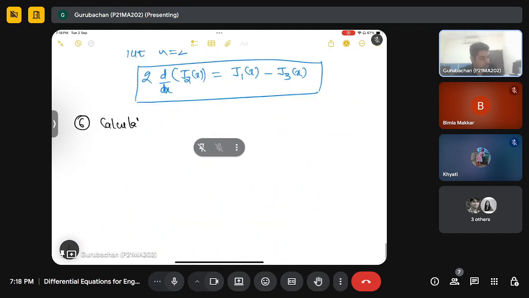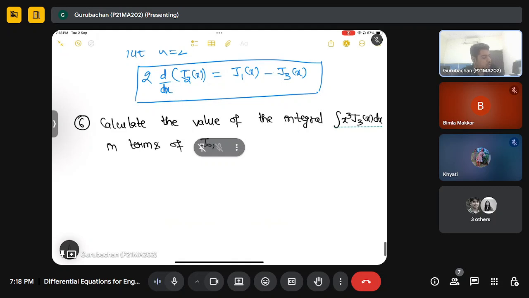Calculate the value of the integral x cube J3 x dx in terms of J0, J1, J2. It might be asked for some J4, J5, J6, but here I'm asking for J0, J1, J2. So try this one.